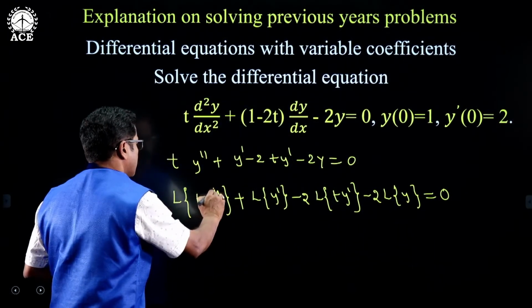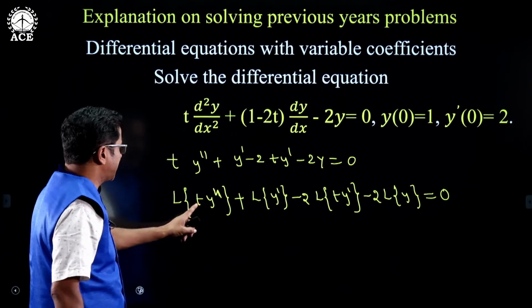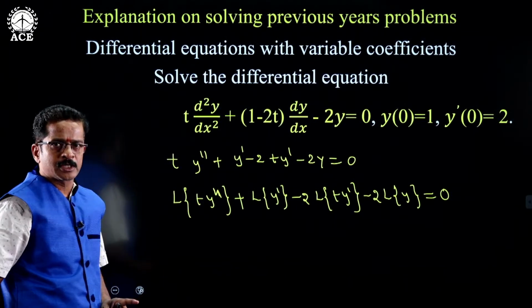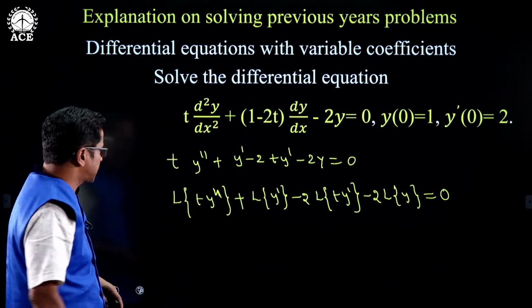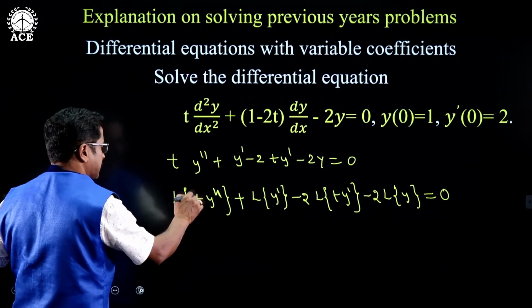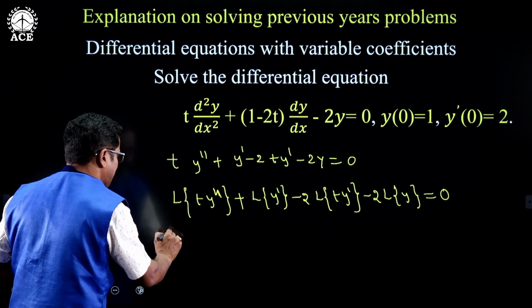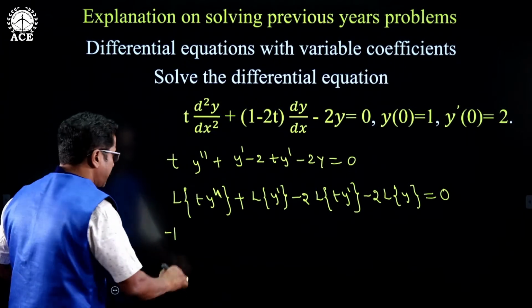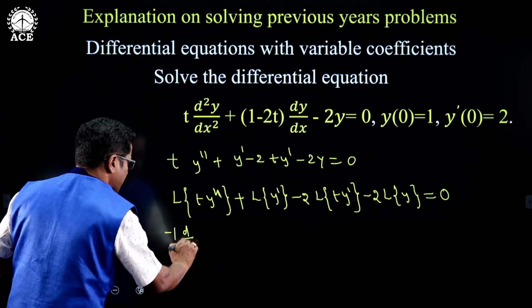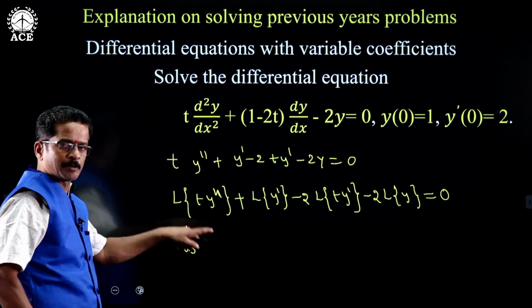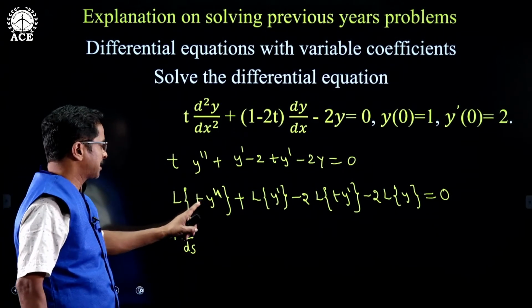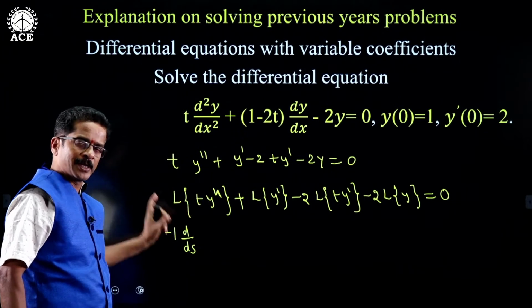I am taking the Laplace transform for every individual term directly. Here, under the multiplication by t rule, you multiply by t power 1, so we have to multiply by minus 1 and d by ds, one-time differentiation, when the function is multiplied by t.